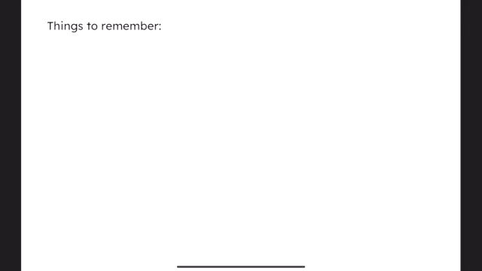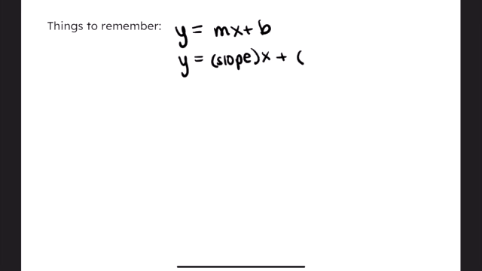I did want to go over a few things to remember. As with most linear equations, we are starting from this basic equation y equals mx plus b, which represents the slope times x plus the value of the y-intercept.